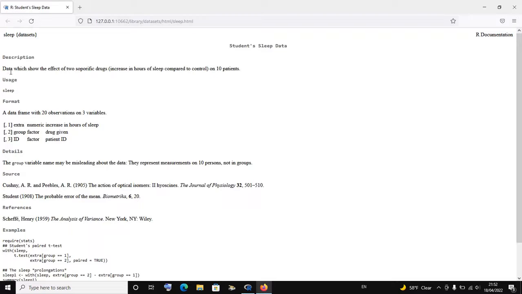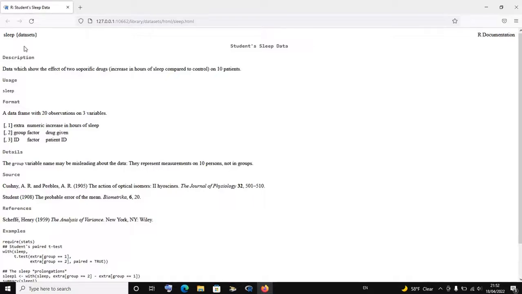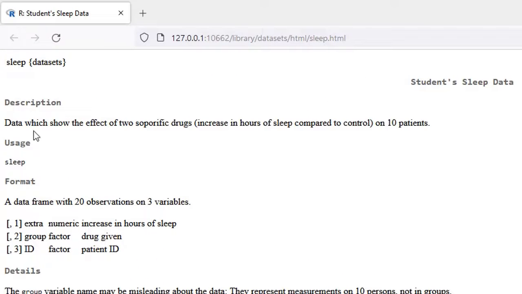As you can see, from the data description they are saying: data which show the effect of 2 soporific drugs. I said soporific, not sporific. 2 soporific drugs, that's the increase in hours of sleep compared to control.